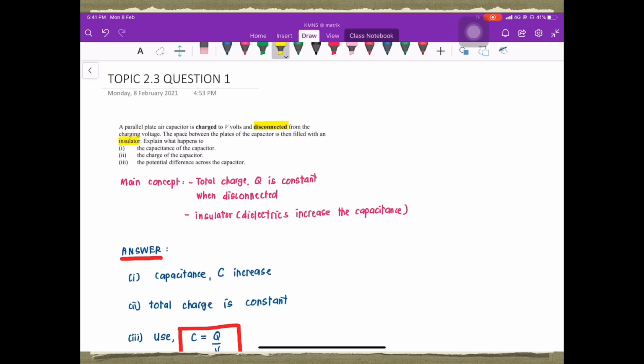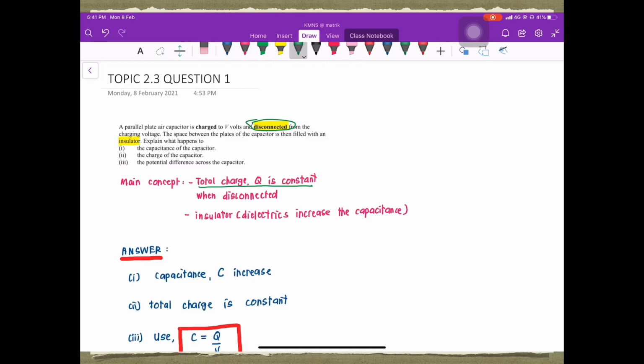Explain what happened. Alright, so basically from this question, look at the main concept here. During disconnection, the total charge is constant.